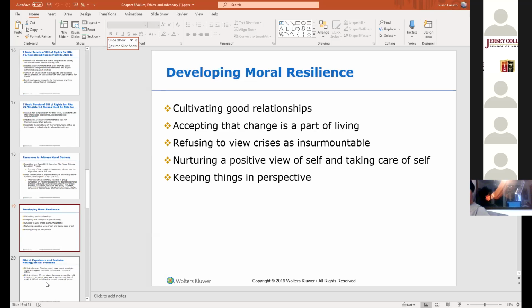So if you are distressed, then you have to validate those feelings. You have a professional obligation to act, and you have to admit that you have this moral distress, because you don't want to act in a case where you have that. This way you can preserve your integrity and your authenticity.